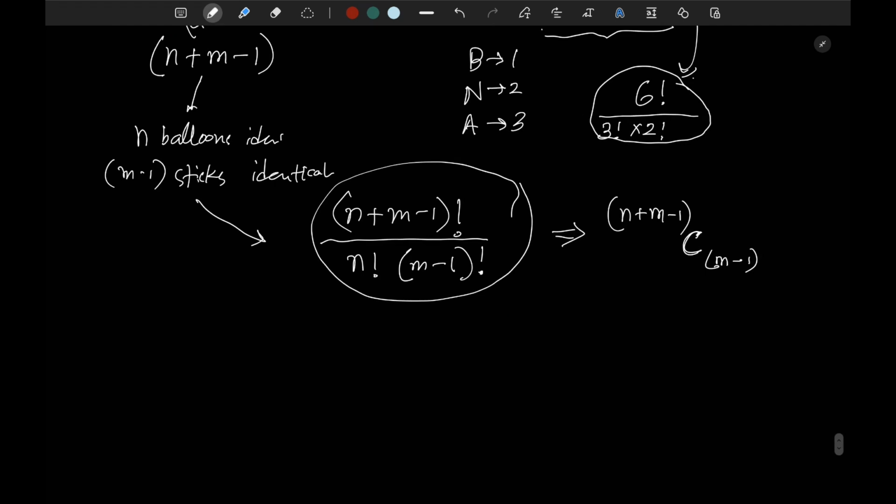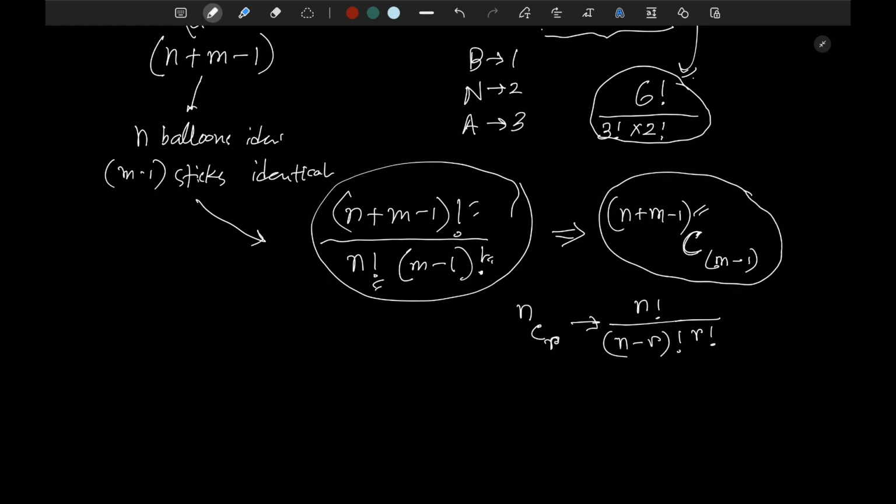If you know, this nCr formula is given by n factorial by n minus r factorial into r factorial. Similar thing is happening here also. We have this factorial here divided by this m minus 1 factorial and n plus m minus 1 minus m minus 1, which is also n factorial, right? So this is the formula for this kind of questions.